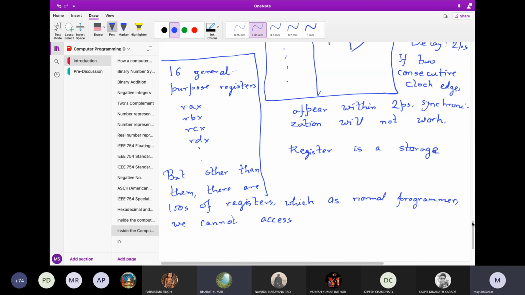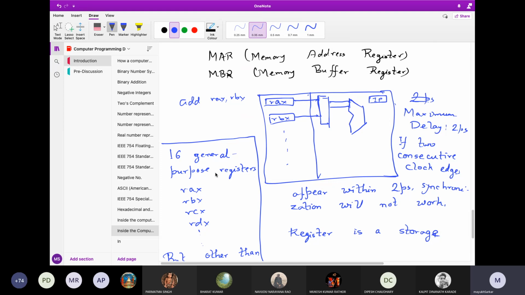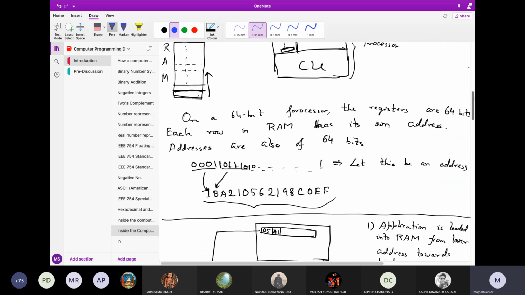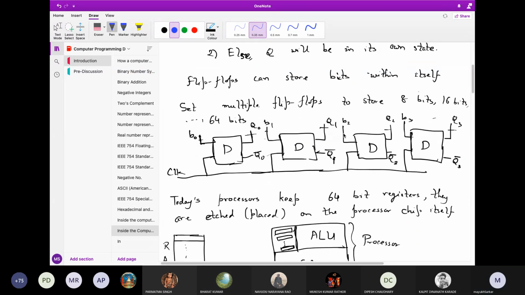Yes, it stores something. In fact, the 16 general purpose registers are all of 64 bits; all of them can hold 64-bit data. Remember the rough design I have shown here: each of them holds 1 bit, the bit I'm sending here. Only at the particular clock signal does the output reflect what is held in that register.